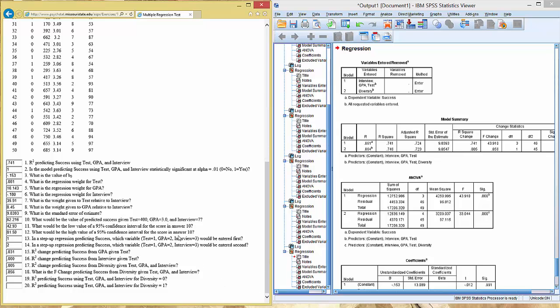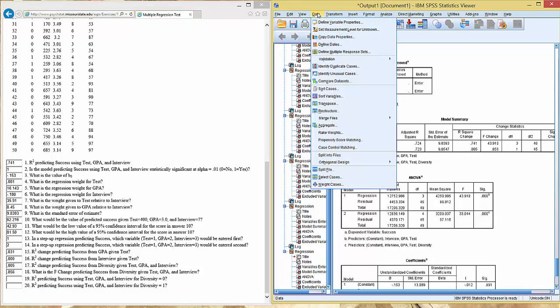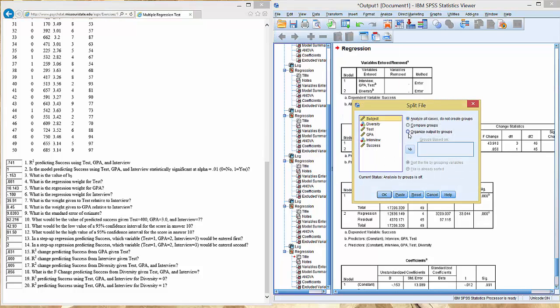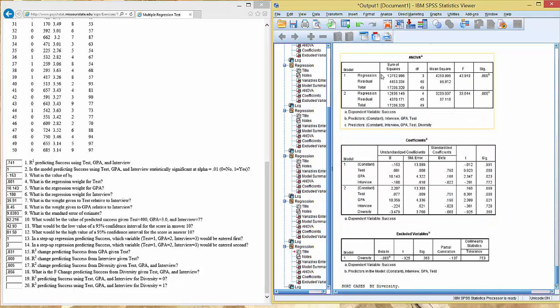Okay, now we want to do it separately for diversity. So we'll go back and data, split file, groups based on diversity. And then we want to go back.